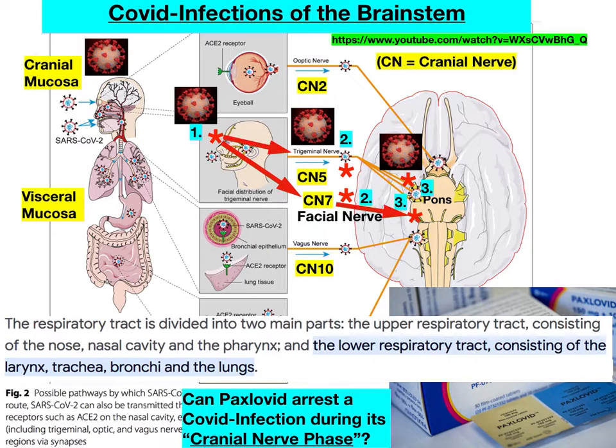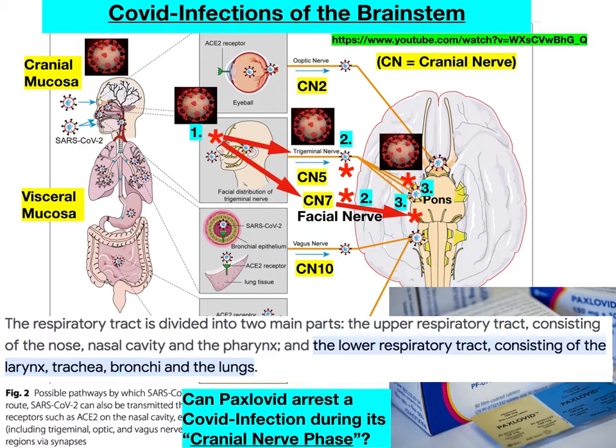Once a COVID infection migrates and is established within tissues of the lower respiratory tract, here virions could be launched into fibers of the vagus nerve. Now the vagus nerve, cranial nerve 10, is much longer, so one would anticipate a longer transit time for virions to move from pulmonary tissues to the pulmonary plexus, and from the pulmonary plexus to the lower part of the brainstem, the medulla.